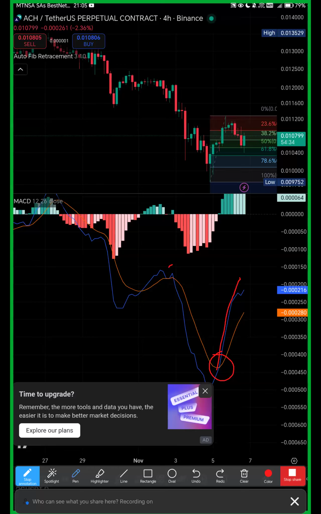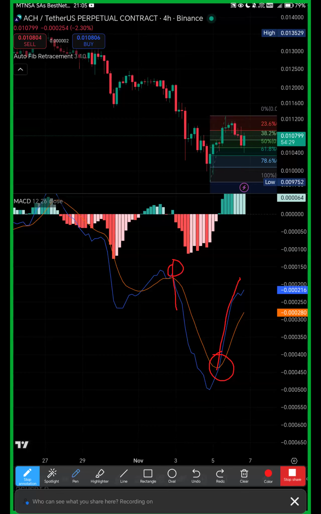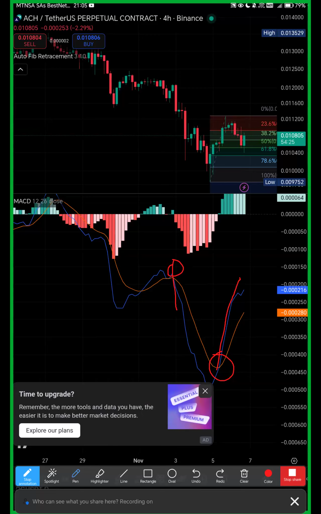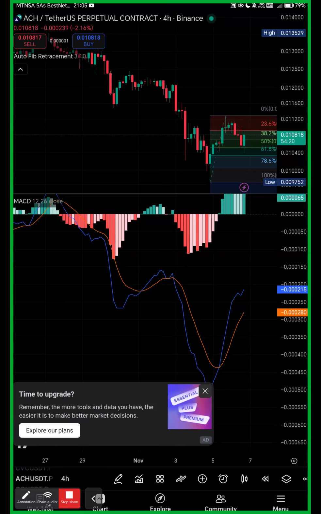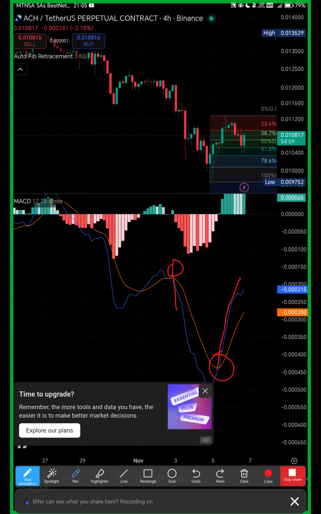When the blue line crosses downward, it means there are more sellers coming into the market. There is more selling pressure than buying pressure. As a result, you will see price declining, going downwards. So this one here, the crossover to the downside, is called a death cross.